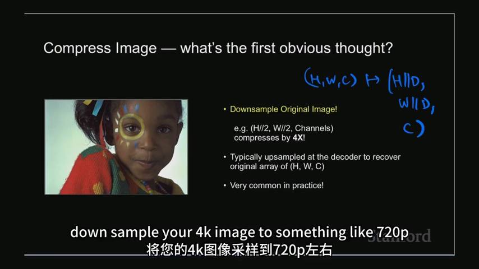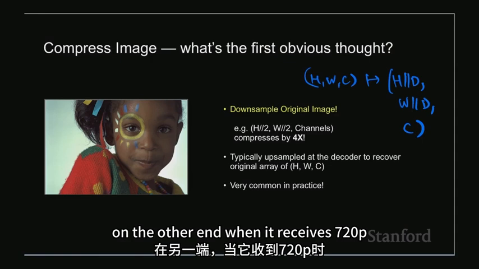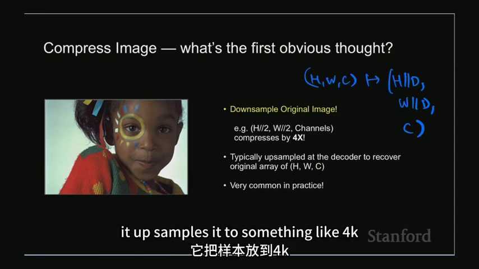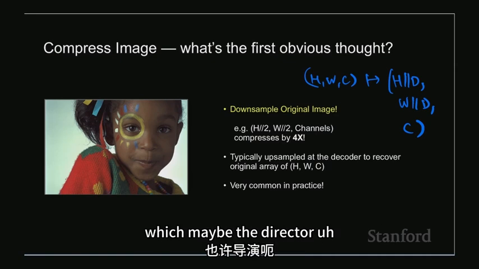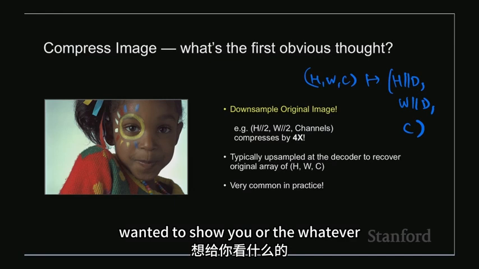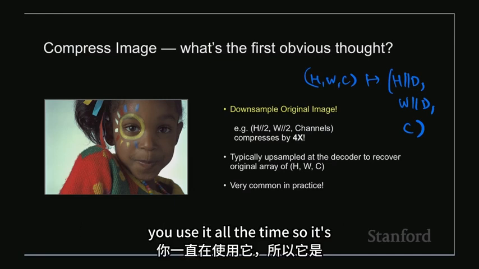You would downsample your 4K image to something like 720p, and then your TV on the other end, when it receives 720p, upsamples it to something like 4K. And then obviously it's not the exact same thing which maybe the director wanted to show you, or if you were clicking a photo, what you wanted to show, but you use it all the time.